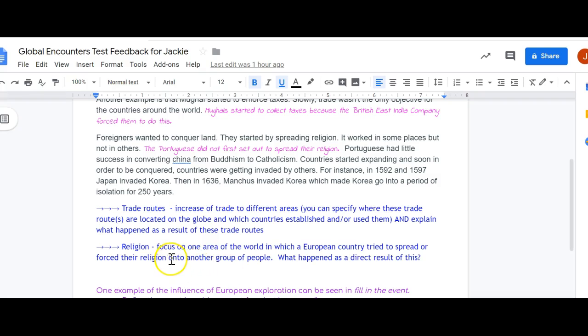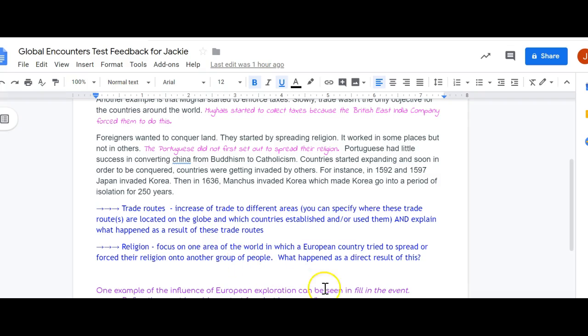So when you write the second paragraph on religion, just choose one European country that took power in one area of the world. Explain what that religion was and which group of people that religion was forced upon, and then tell me what happened as a result of this new religion in this new country.